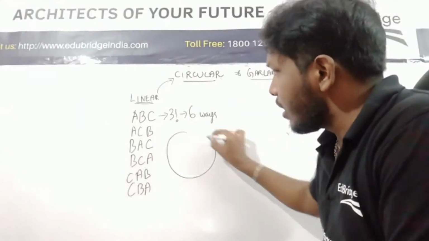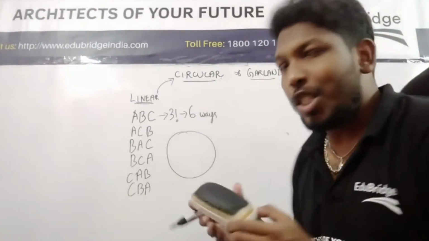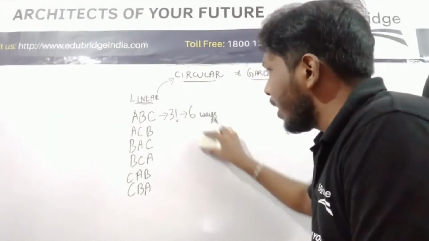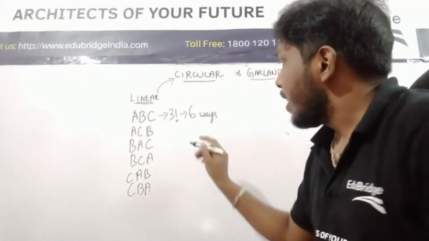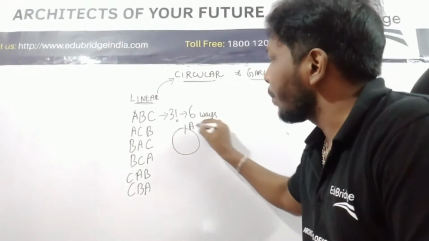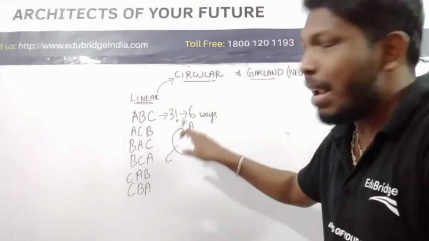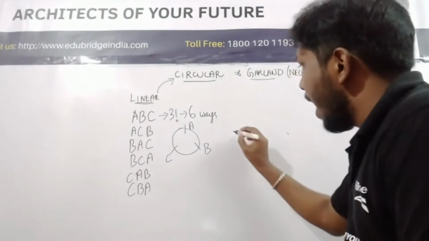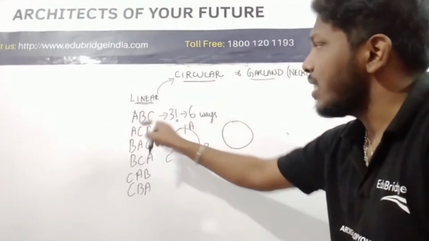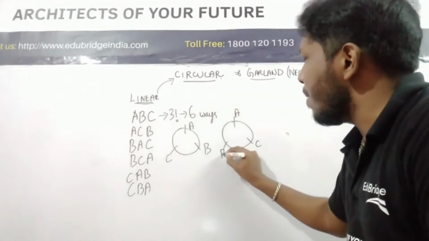So let's do this. In circular arrangement, I'll make the circle a little smaller so that it will be easy for you to see. A smaller circle, you have A here, and we have B, and we have C. ABC, one arrangement, and another arrangement, ACB.